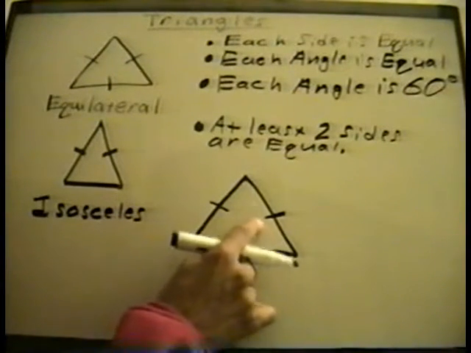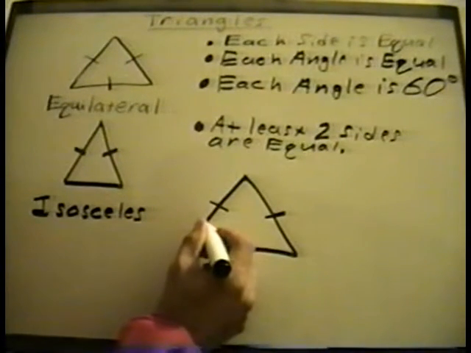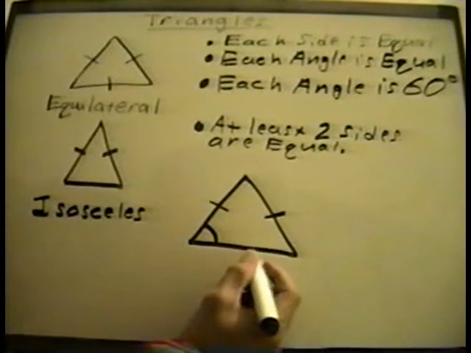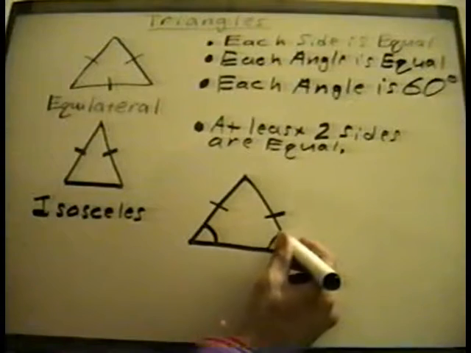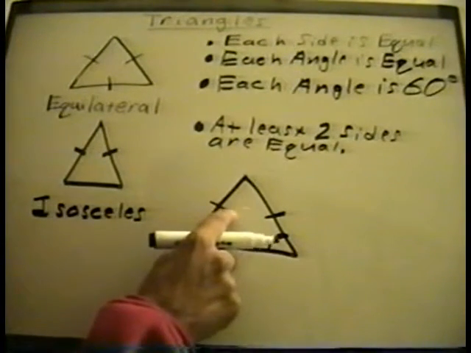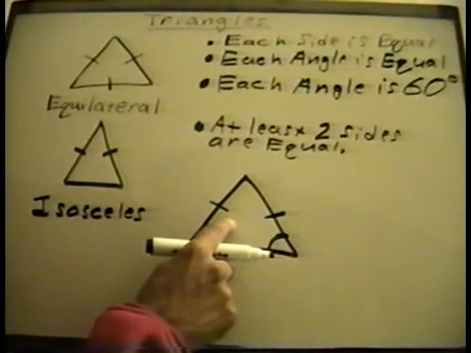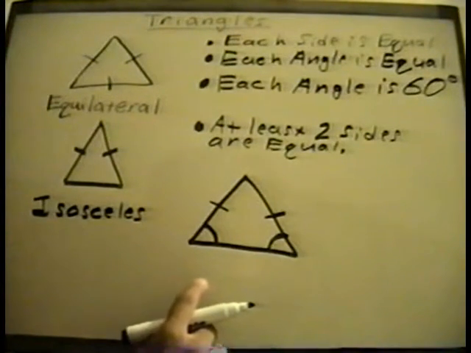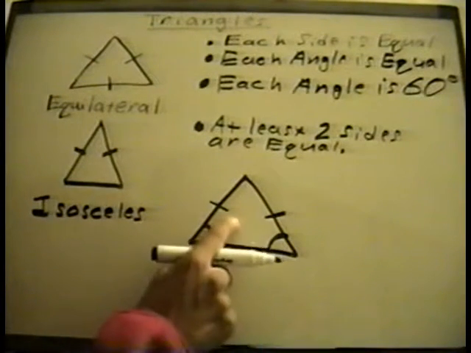Okay, so the angle opens up to a side. If two sides of the triangle are equal, then two angles are also equal, and those two angles are the angles that correspond to each side.